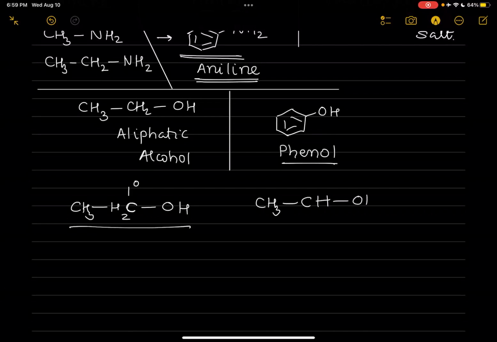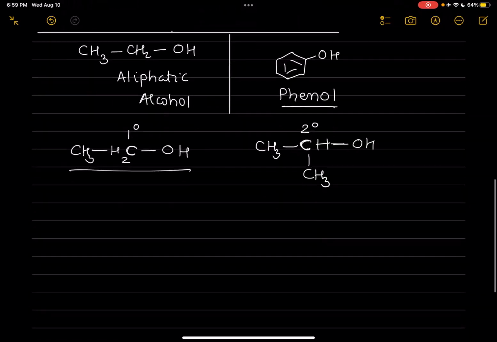Suppose you have this type of alcohol, the OH is connected to a carbon and this is secondary alcohol because the carbon is secondary. And similarly, all the three will be aliphatic. And this is the most common mistake which all of us make.